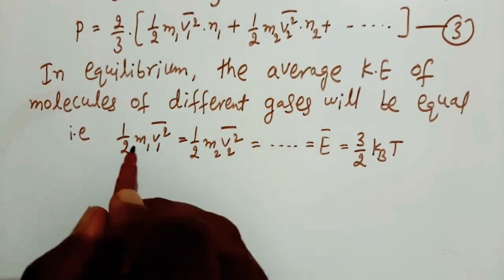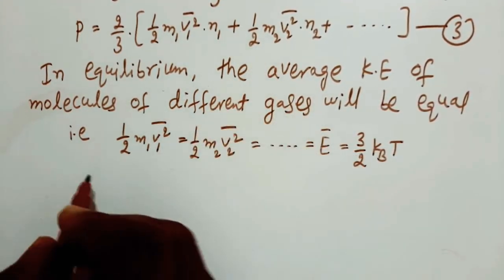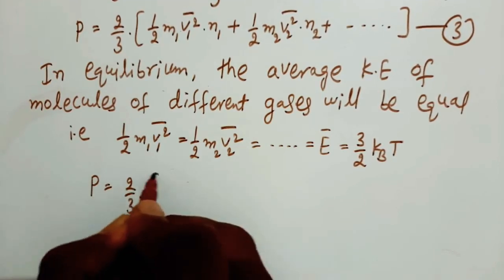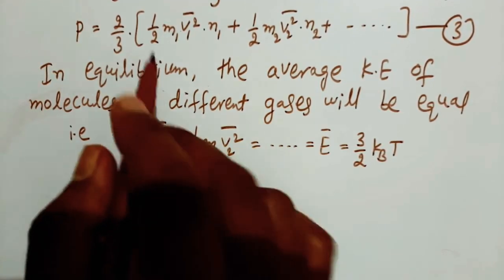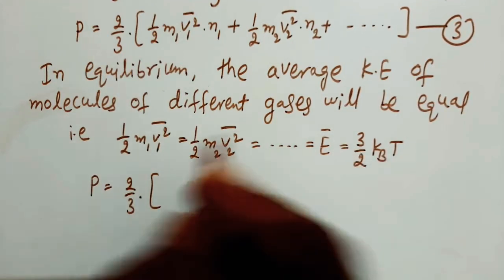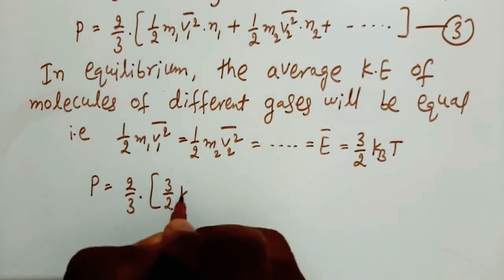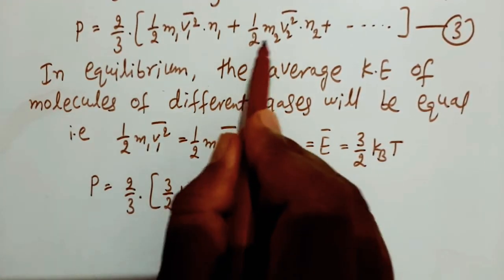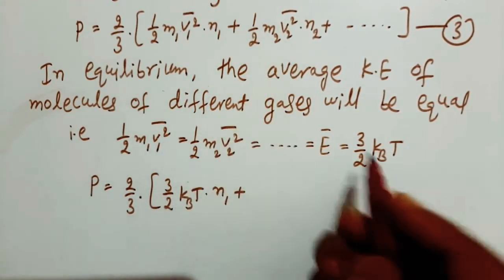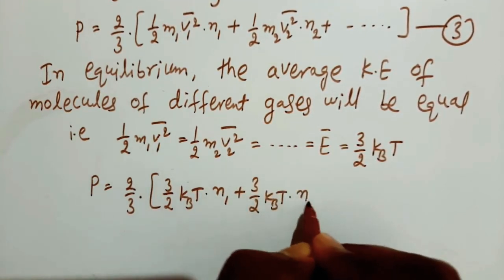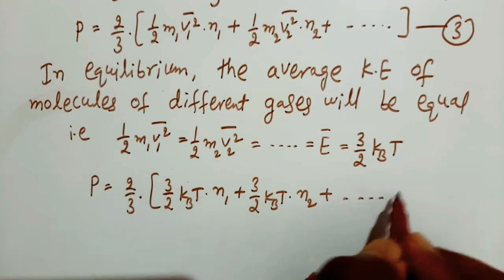So substituting these values in this equation, we get P is equal to 2 by 3, so here 1 by 2 m1 v1 square bar, we can write 3 by 2 kBT into n1, plus 1 by 2 m2 v2 square bar, we can write 3 by 2 kBT into n2, plus and so on.